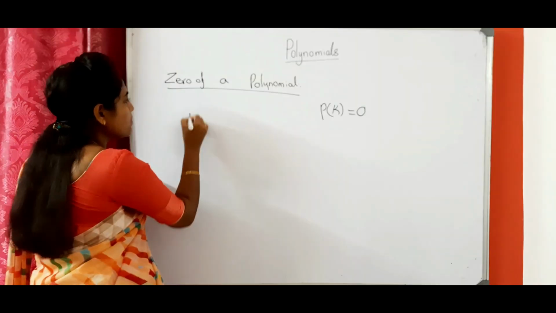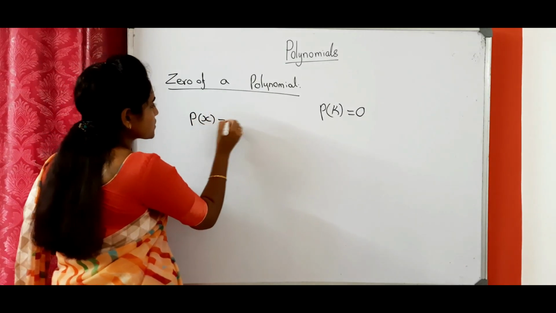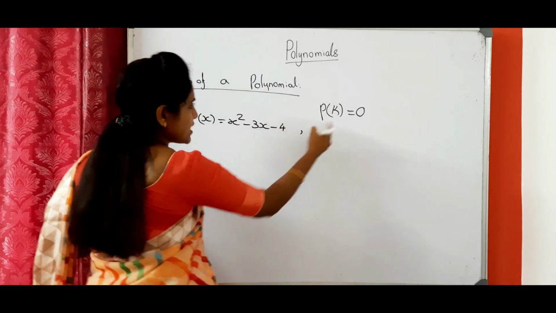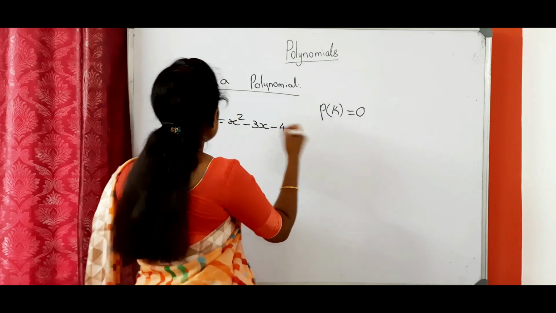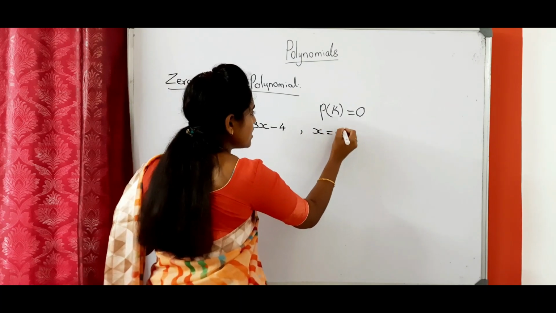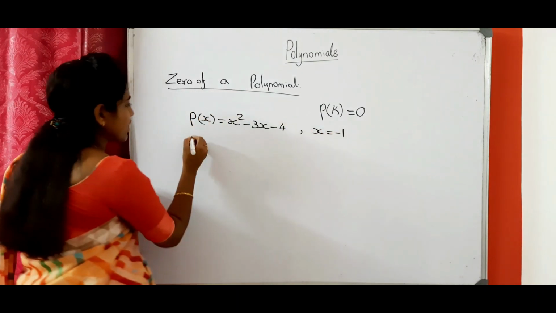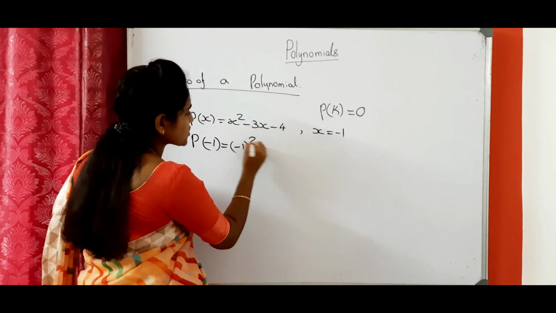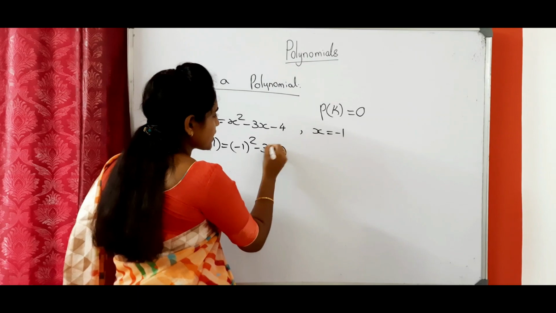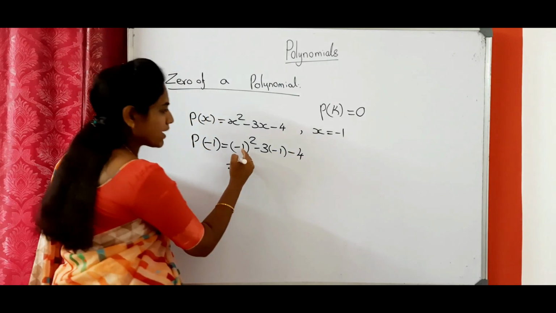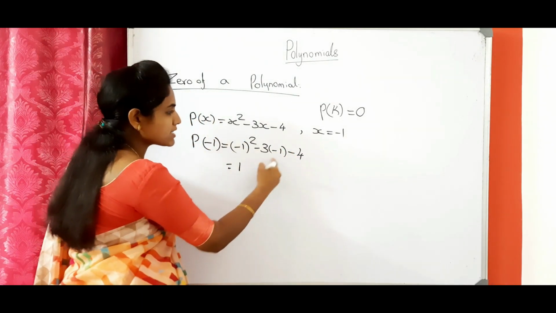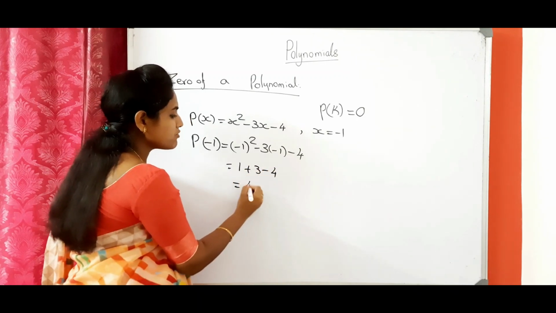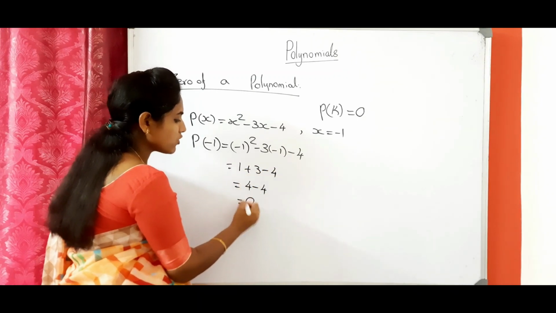Suppose the given polynomial p of x equals x square minus 3x minus 4. Here I am taking k equal to minus 1. So x equals minus 1. I am applying the x value here. P of minus 1 equals minus 1 the whole square minus 3 into minus 1 minus 4. So minus 1 the whole square is 1, minus into minus is plus 3, then minus 4. 1 plus 3 is 4, minus 4. 4 minus 4 is 0.